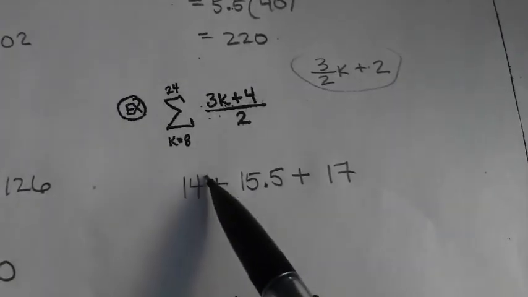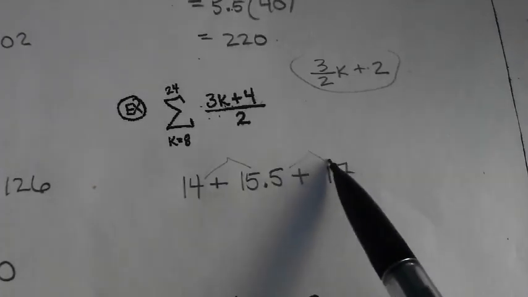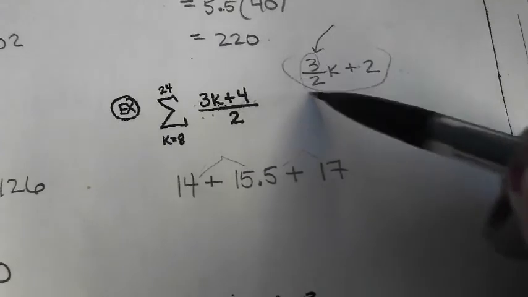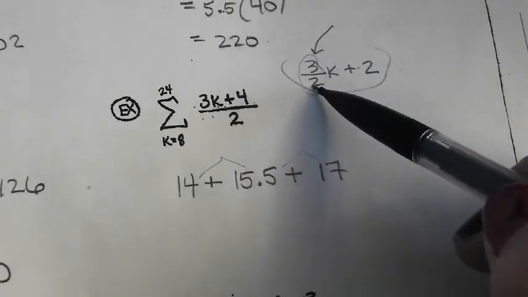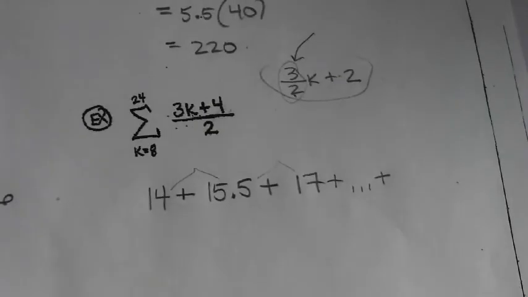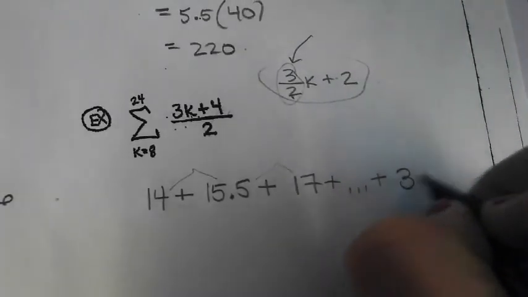Can you be convinced now that you're adding 1.5, adding 1.5, adding 1.5? Doesn't that make sense? Just a side note, because isn't your slope 1.5? Okay, plus dot dot dot. And the last term I would be plugging in would be a 24. 24 times 3 plus 4 divided all by 2 is a last term of 38.